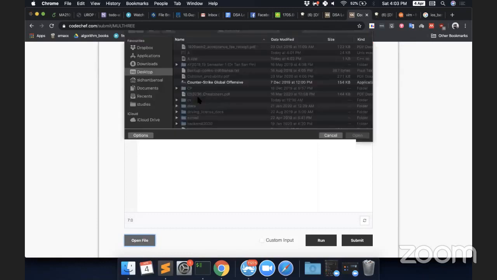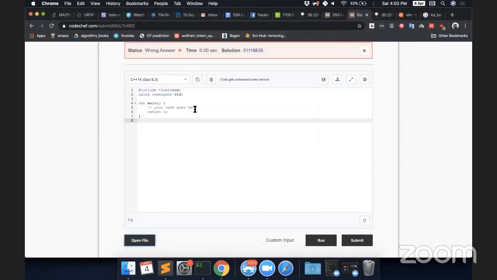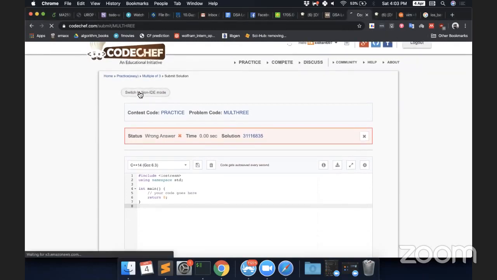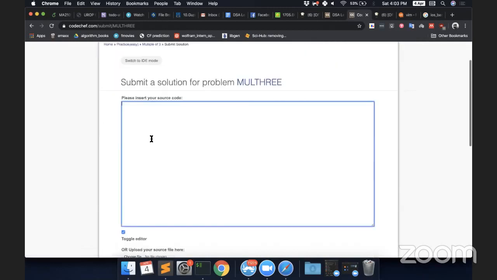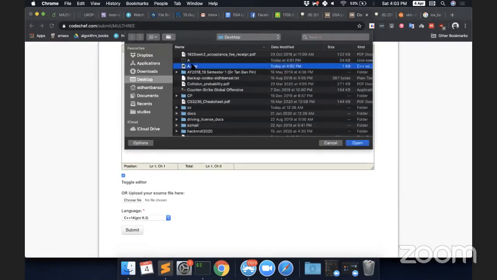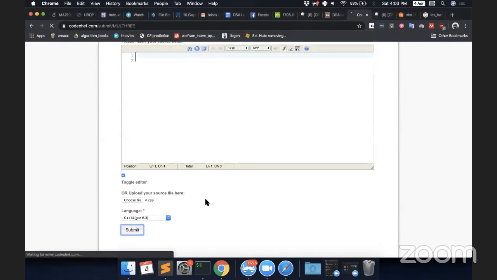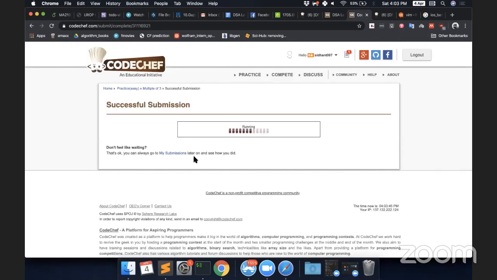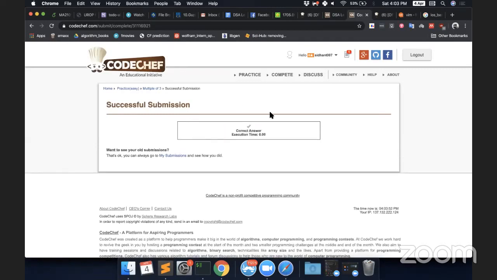I mean, I go to open file and then I click on a.cpp, then I assume that the file is attached, but looks like it's not. I think it's open. All right, yeah. So this works, right?